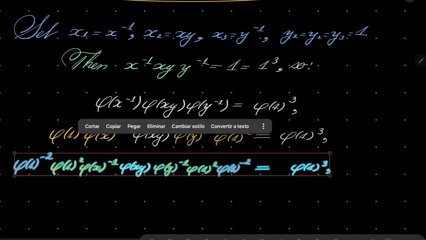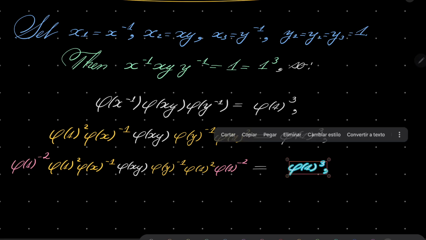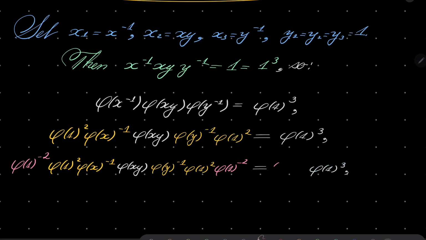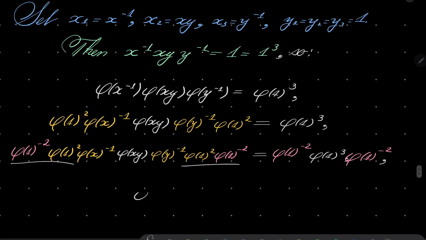Phi of 1 to the minus second power. And now notice the following. This cancels as well, and on the right hand side we are left with phi of 1 inverse. We have phi of x, y, here we have inverse, phi of y inverse equals phi of 1 inverse.